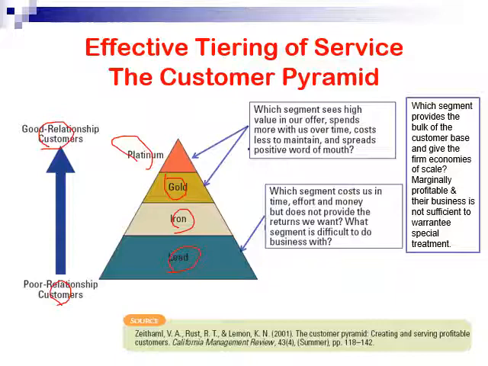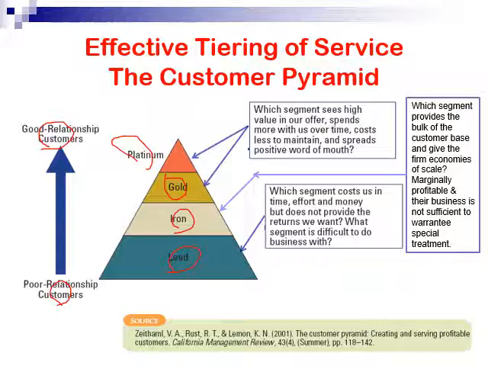They are marginally profitable, but the business is not sufficient to warrant special treatment like that for platinum and gold level. Yes, the customers in the middle of this pyramid, the iron group, right?